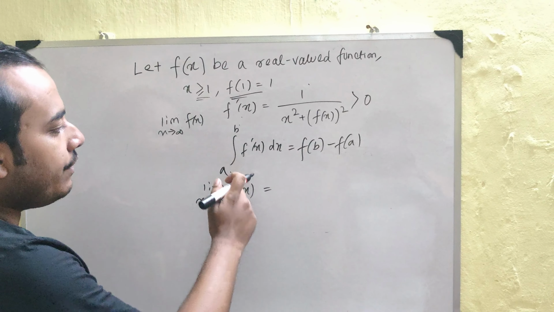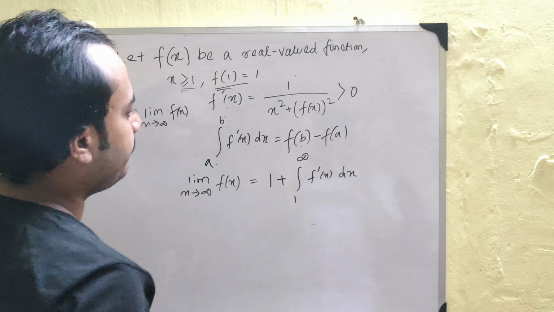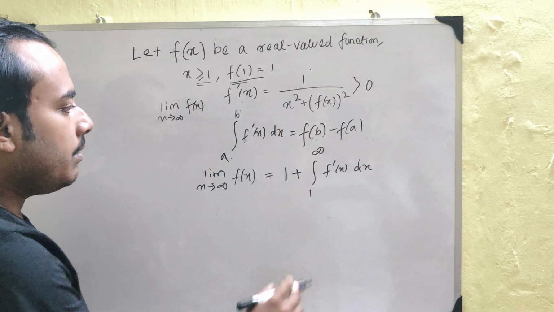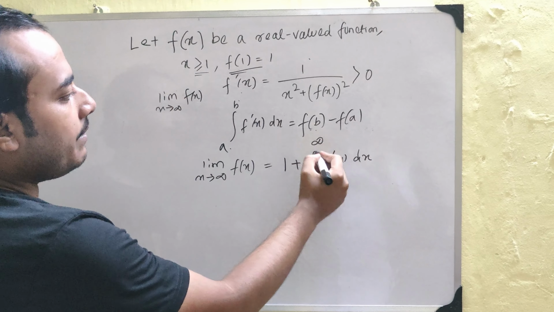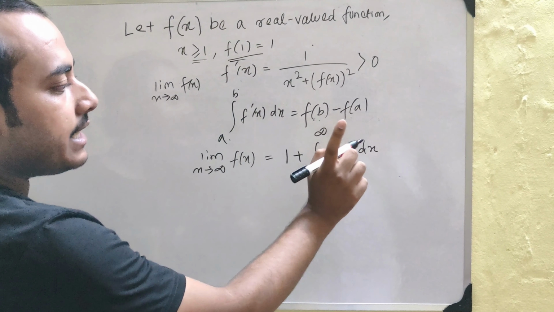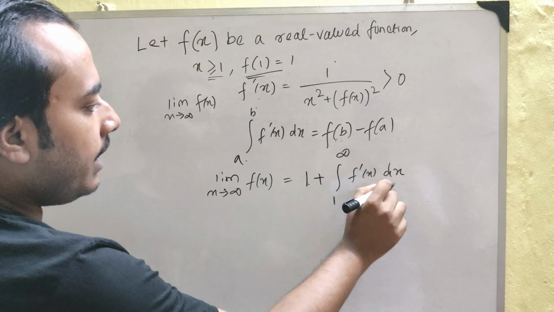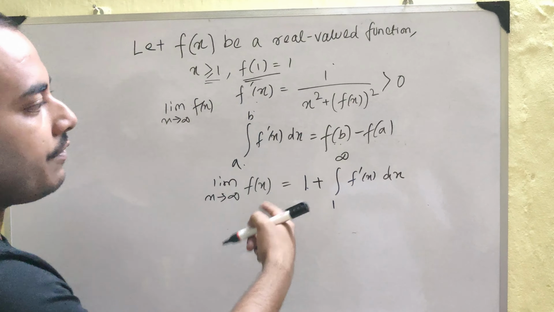But we only want f of infinity, simply the limit as x tends to infinity of f(x). So what we can write is, if you take the f(1) to this side, you can write it like 1 plus the integral from 1 to infinity of f'(x) dx. True? Because when you evaluate this, you get the limit of f(x) minus f(1), which is simply 1, and they will cancel and it would basically give you the answer.